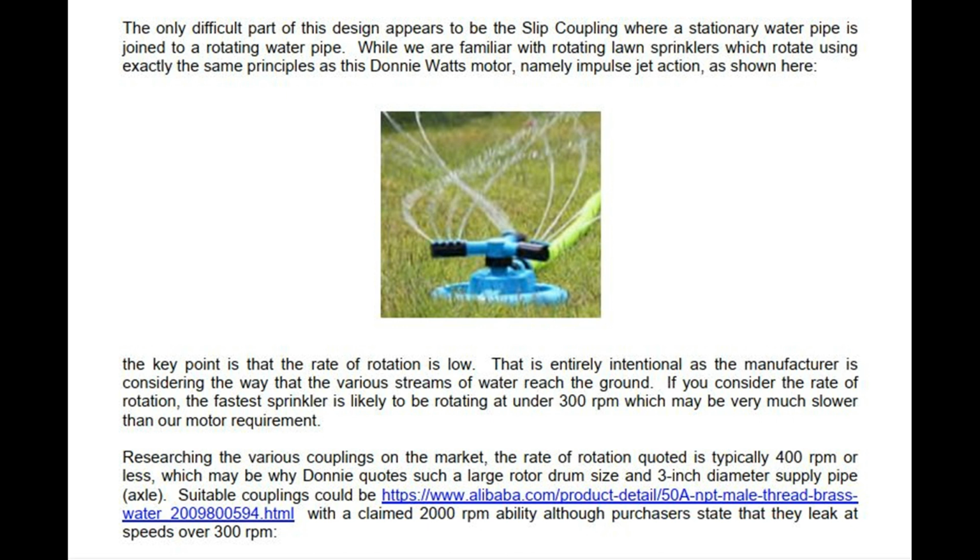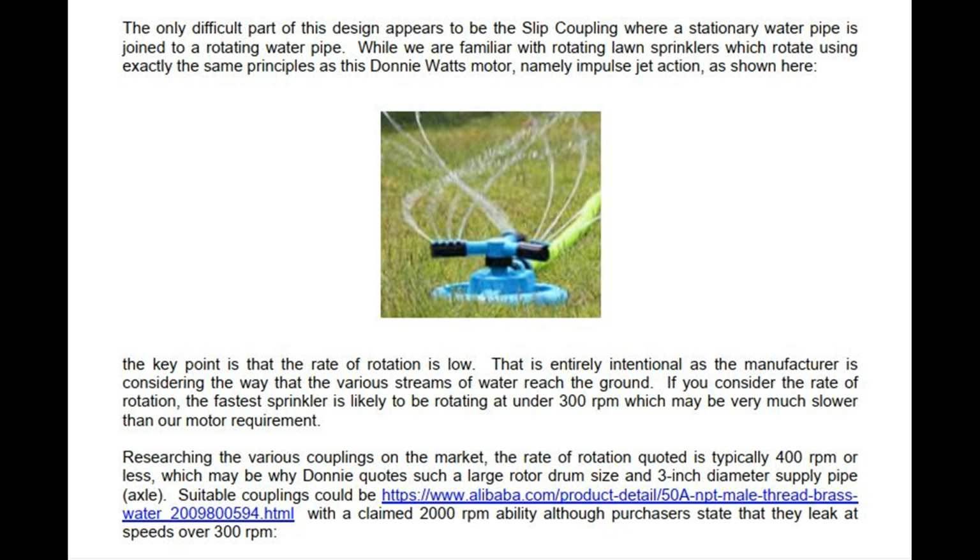That is entirely intentional as the manufacturer is considering the way that the various streams of water reach the ground. If you consider the rate of rotation, the fastest sprinkler is likely to be rotating at under 300 RPM, which may be very much slower than our motor requirement. Researching the various couplings on the market, the rate of rotation quoted is typically 400 RPM or less, which may be why Donnie quotes such a large rotor drum size and 3-inch diameter supply pipe, axle.